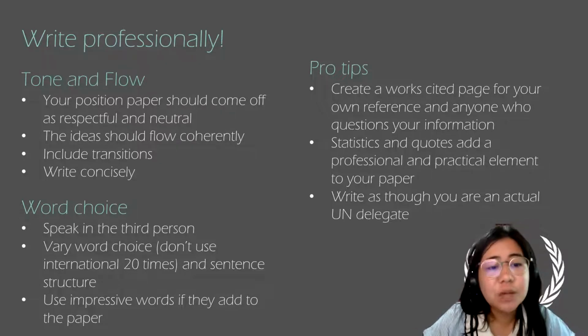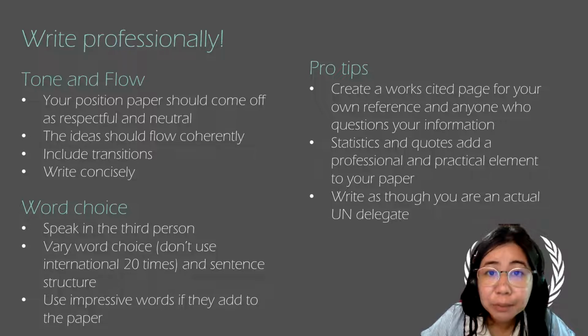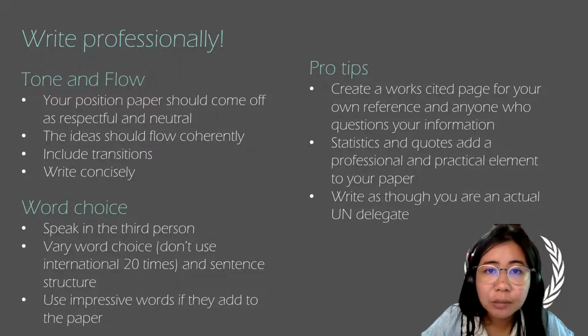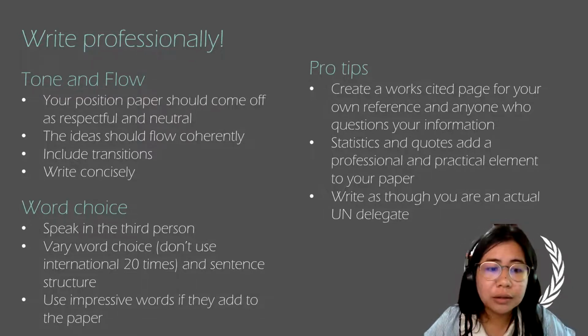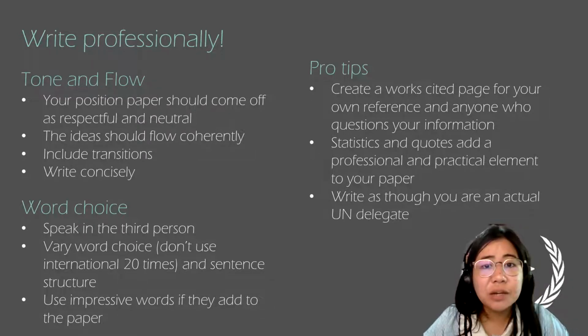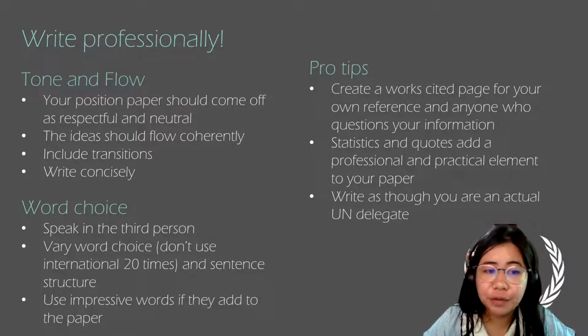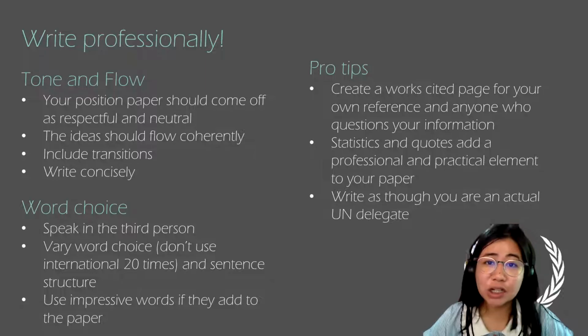Okay, next, word choice. You have to speak in the third person. Okay, third person point of view. We should avoid speaking from the first person point of view, but in some cases they also use the first person point of view. Okay, you have to vary word choice. Don't use "international" 20 times. And be very meticulous with your sentence structure.